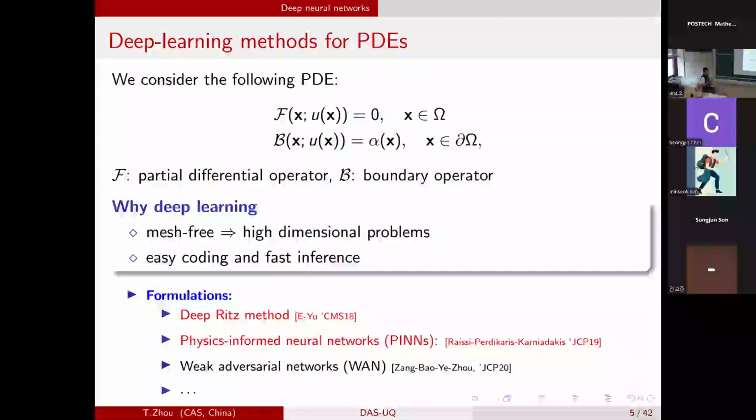That's where the name comes from: weak adversarial network. You consider the balance between the test function and the solution itself. So today I'm going to talk about the adaptivity for these two methods, but the idea can be extended to other frameworks actually.